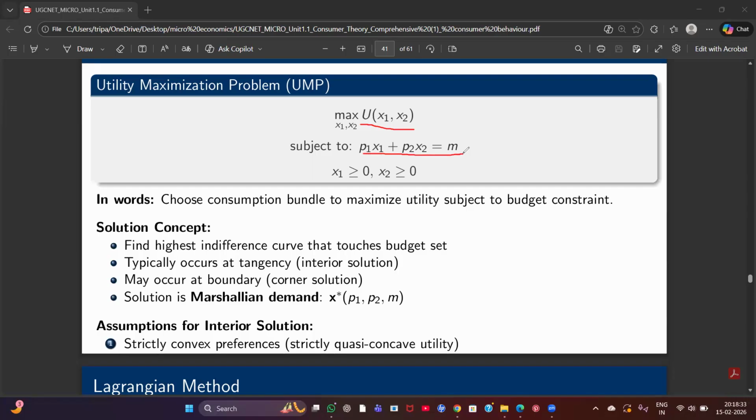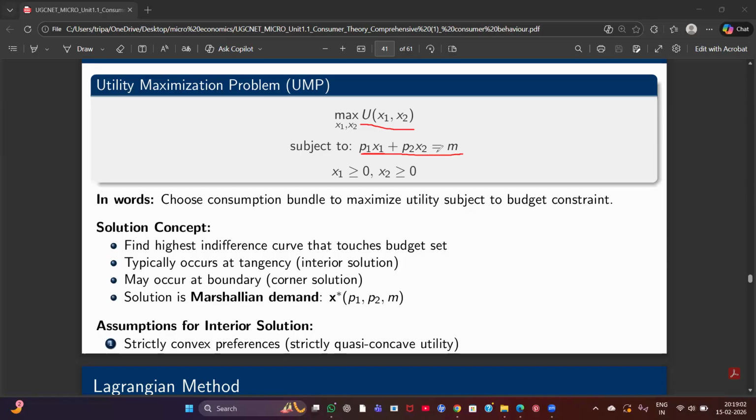For a consumer, this budget line equation says, on the left side, P1 into X1 plus P2 into X2. This is the total expenditure. The first term P1 X1 is the total expenditure on the first commodity, and P2 X2 is the total expenditure on the second commodity. So the sum P1 X1 plus P2 X2 is the consumer's total expenditure.